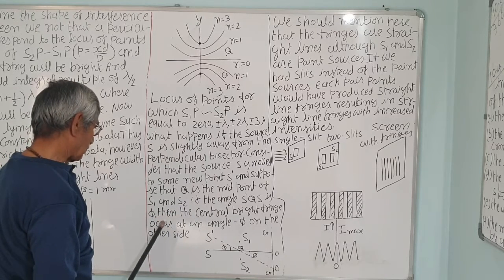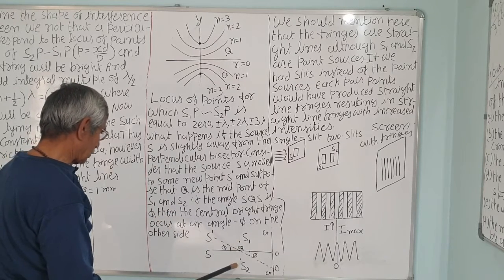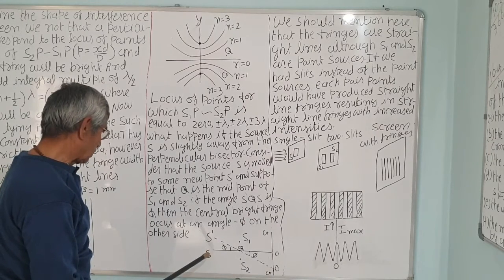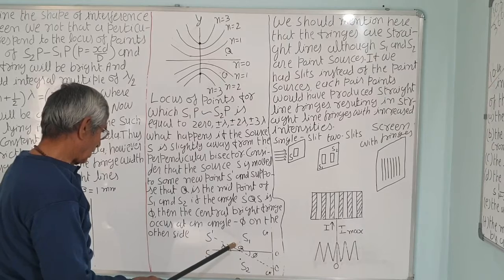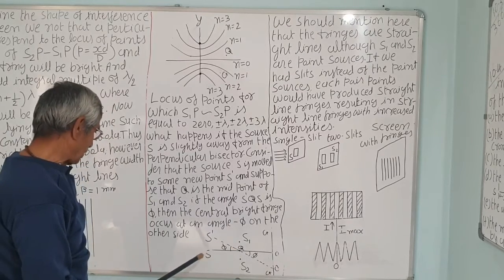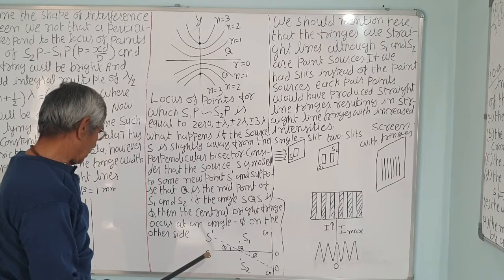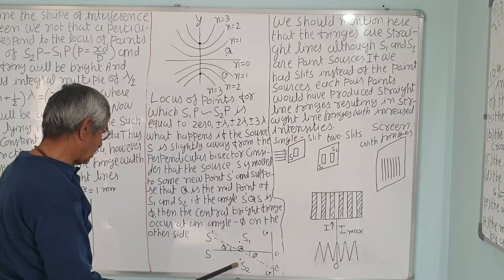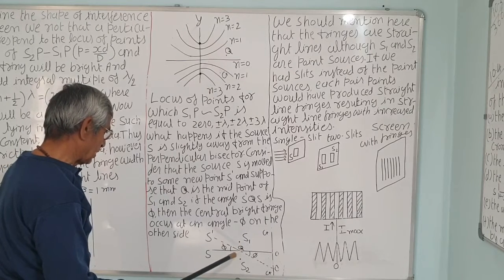This is the original source, the main source, the parent source, and these are the two coherent sources S1 and S2 obtained from the parent source S. If S is shifted, and the midpoint of these two is Q, this distance is d, say this is at d by 2.